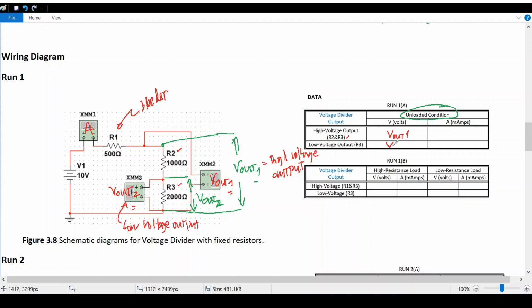Low voltage output is the reading of the voltmeter 2, and of course these are in series, so the reading of the ammeter here, the reading of the ammeter here, they are just the same.